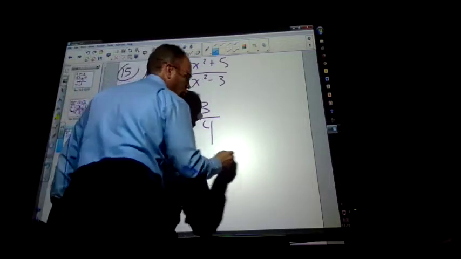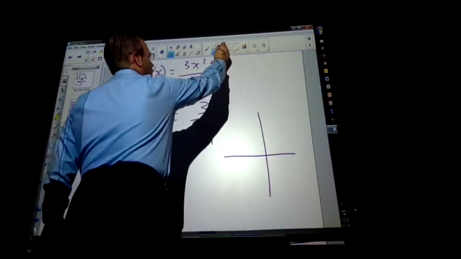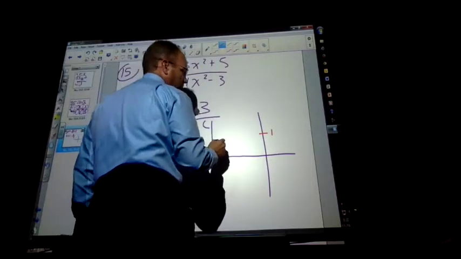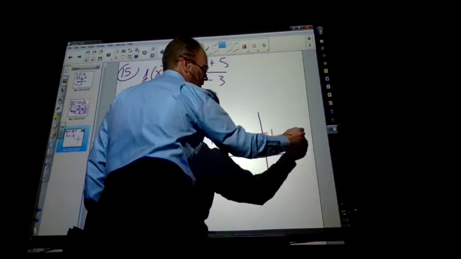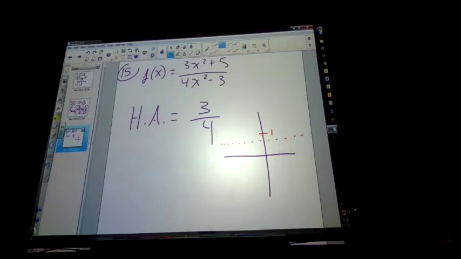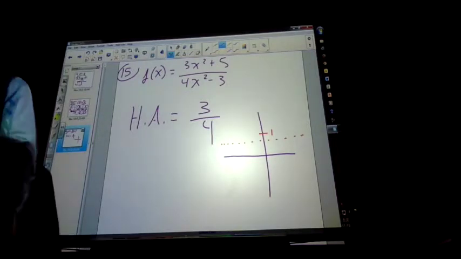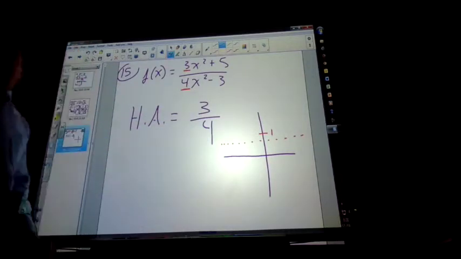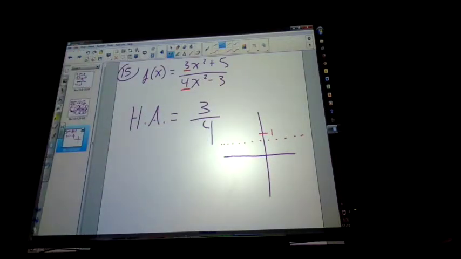So, I'm not going to graph the whole thing, but basically, this is 1. Then we're going to have at 3/4 our horizontal asymptote. Okay, so the degree on top is equal to degree on bottom. You take the lead coefficient of the highest exponents, put them over each other. If there's not a number there, the number that is secretly there is 1. That's all we have to do with that one.